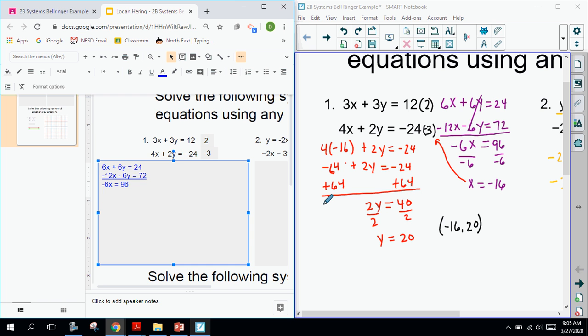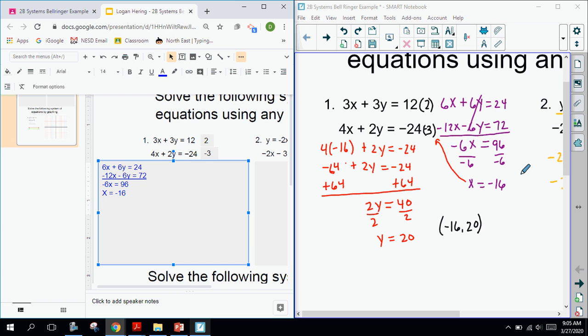Enter. Dividing by the -6, I'm not going to show every gritty detail here. I'm just going to go down to my answer, where x is equal to -16.